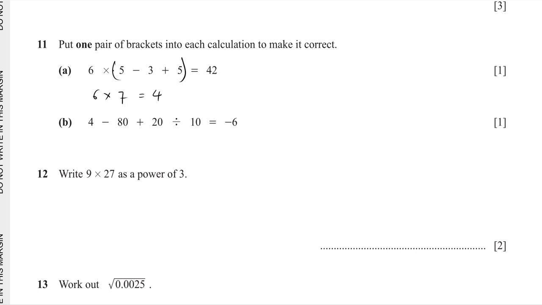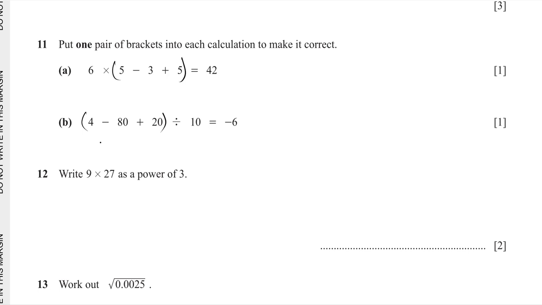Yes, 6, 7. Okay, that's the first pair of the brackets. Second one is 4 minus 80 plus 20 divided by 10 equals negative 6. So what we can do here is, I guess we can put a bracket here maybe. Let's try. Not here, I guess here.